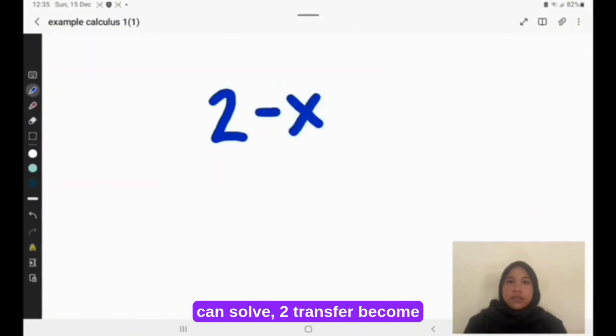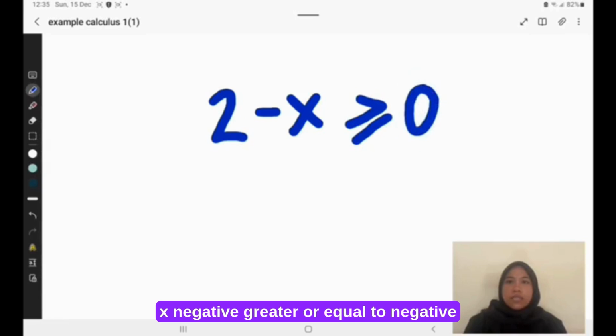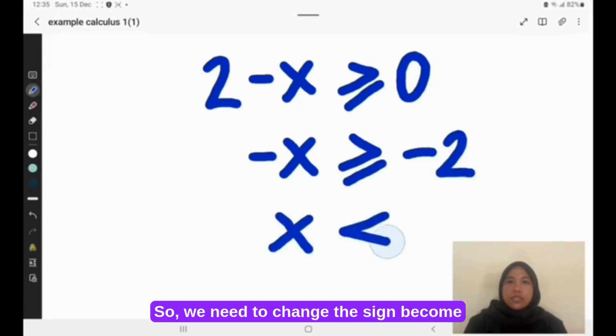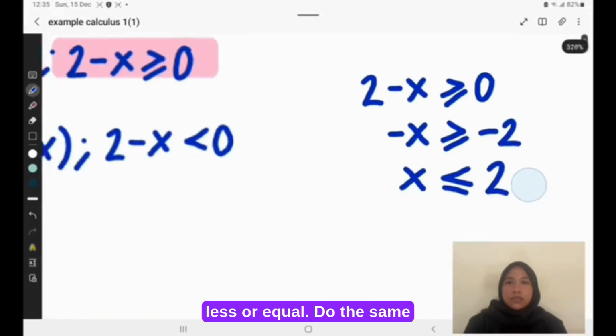We can solve this to become negative x greater than or equal to negative 2. Dividing by a negative, we need to change the sign to less than or equal.